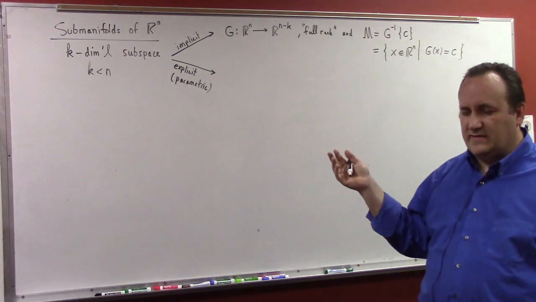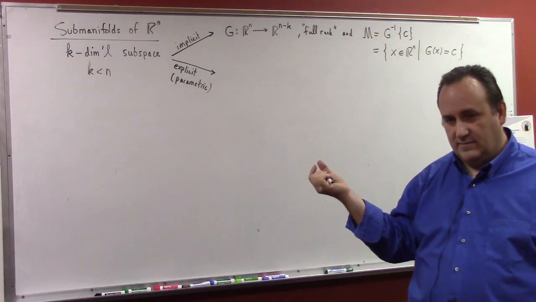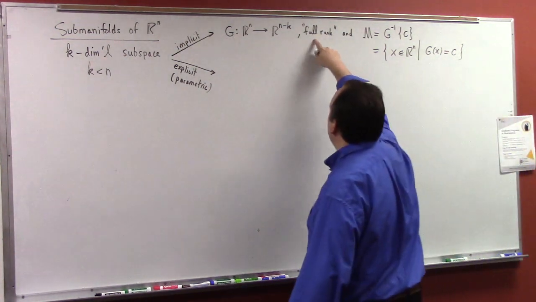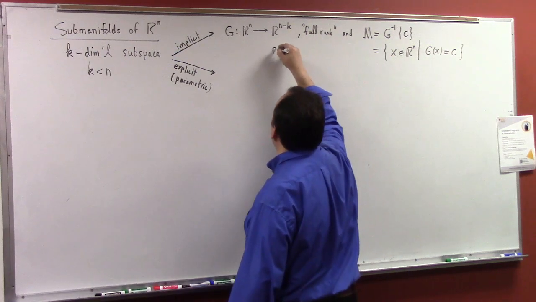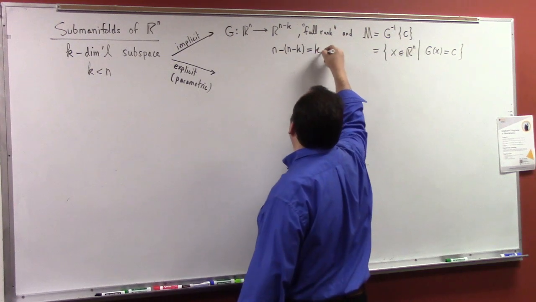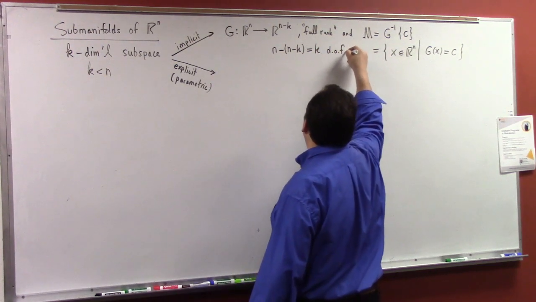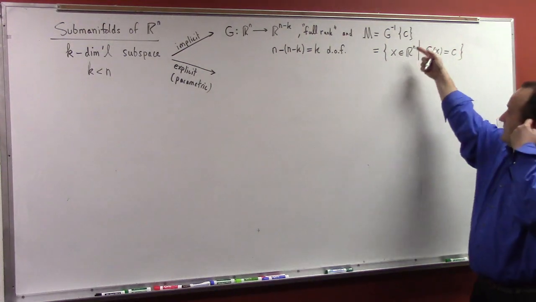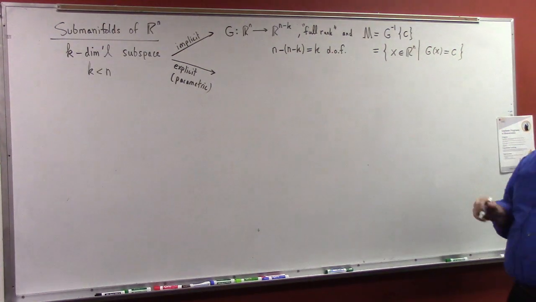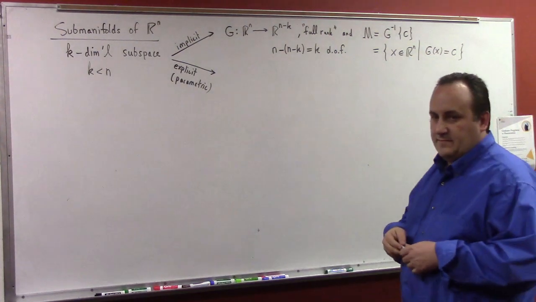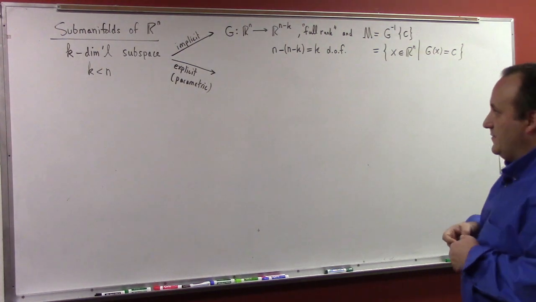The reason you need n minus k is you start with n, and if this is full rank, then the dimensionality is n minus (n minus k) equals k degrees of freedom. Full rank is essentially the condition that the equations which are implicit in here are independent equations. They have to be independent, otherwise you're not really doing the job. So that's what I mean by full rank.